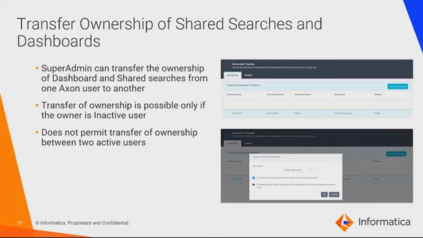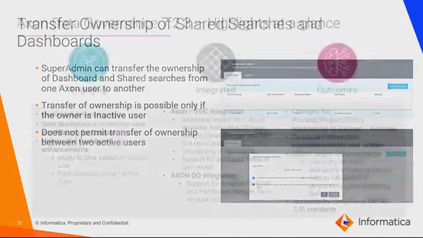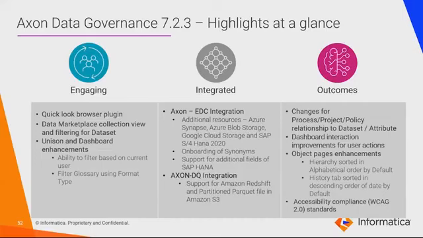Let's quickly look at the 723 new features. 723 was released in Jan 2022, and it had a bunch of new capabilities as well. We introduced the Quick Look browser plugin in 723. We also had the Unison dashboard enhancement in this release as well. And we also came up with the data marketplace collection view to be displayed in the Unison for the filtering of the data sets.